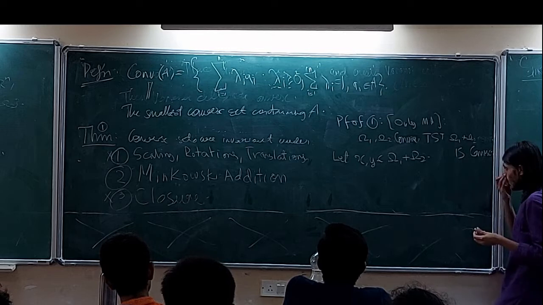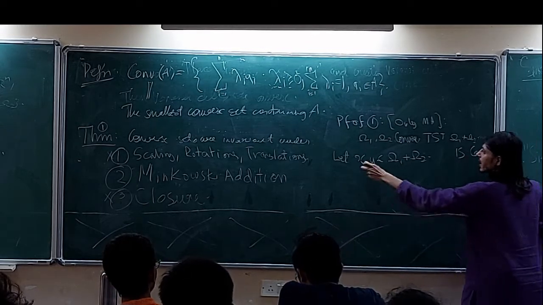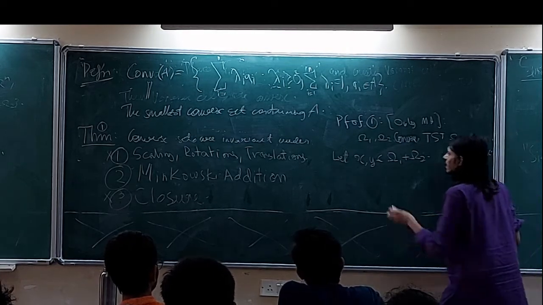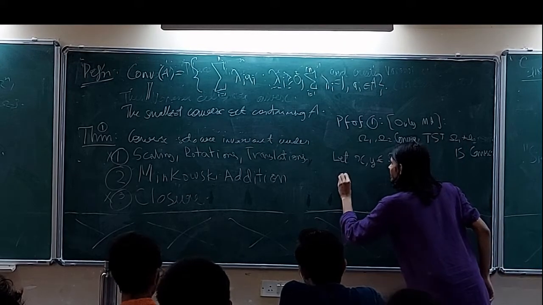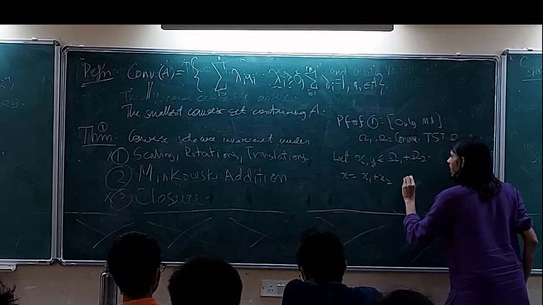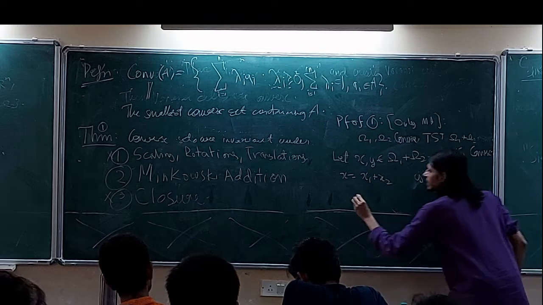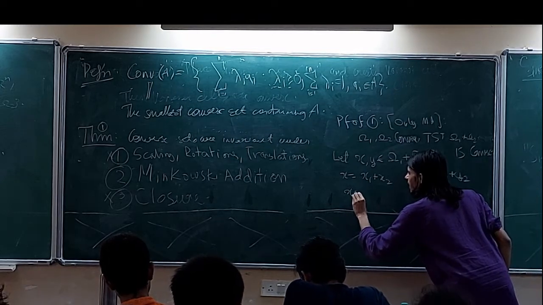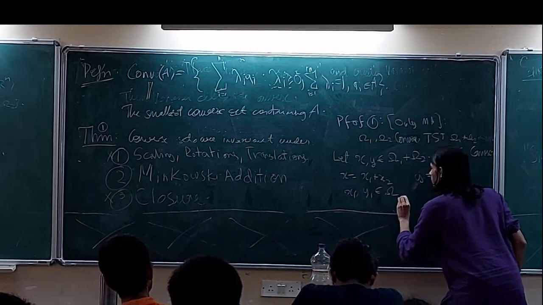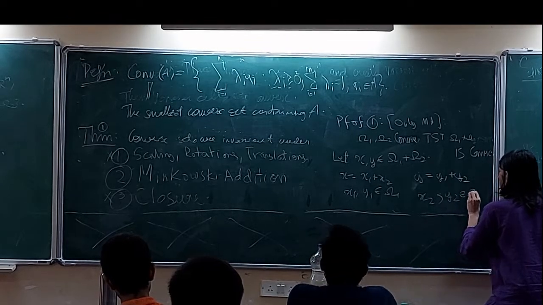Now, because they are in omega 1 plus omega 2, by definition of the Minkowski sum, this guy is the sum of elements from omega 1 and omega 2. Same with this guy. Anyway, x is x1 plus x2 and y is y1 plus y2, where x1 and y1 belong to omega 1 and x2 and y2 belong to omega 2.